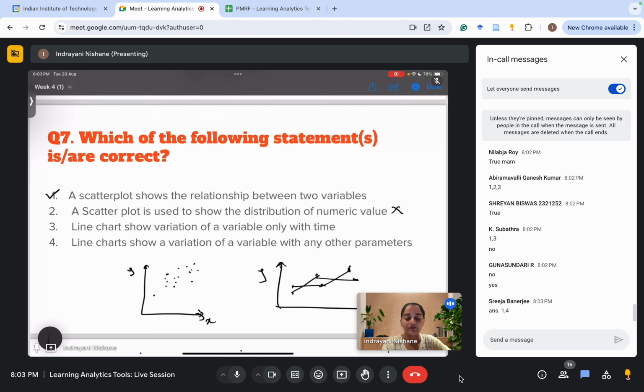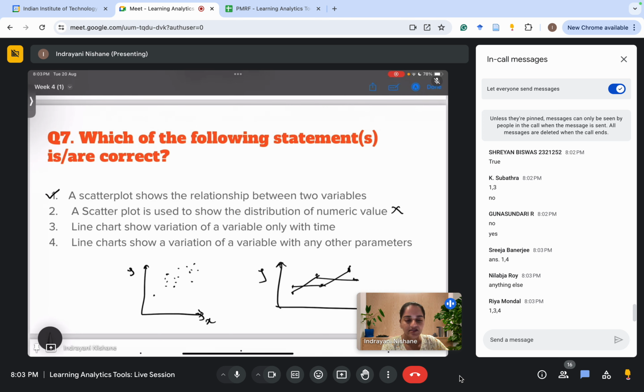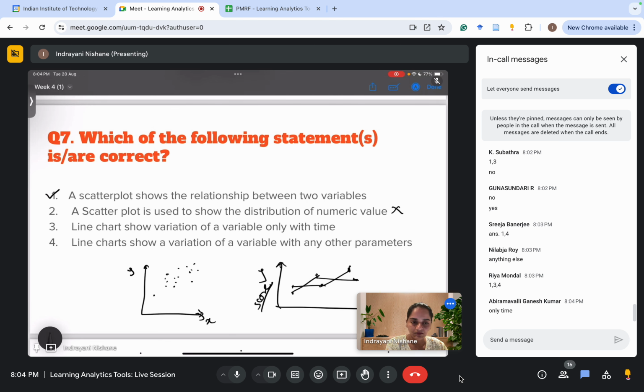For example, I have score values here. This one is for boys' score and this one is for girls' score of quiz 1, quiz 2 and quiz 3.